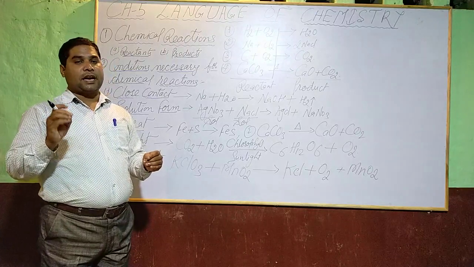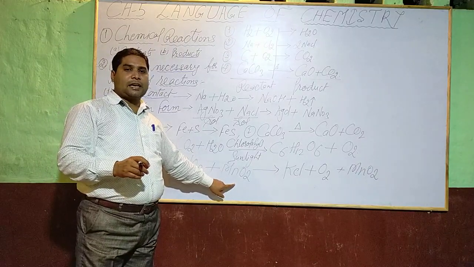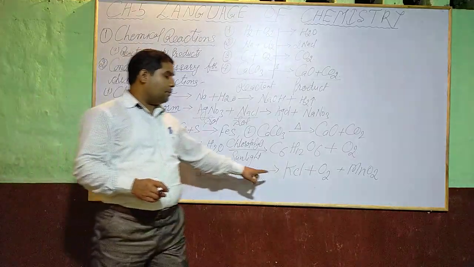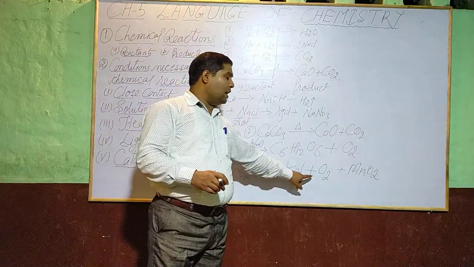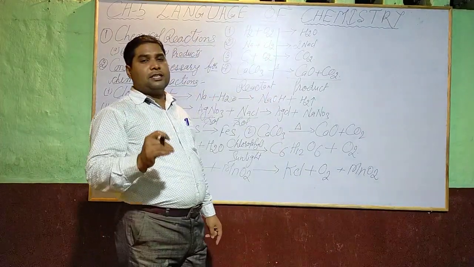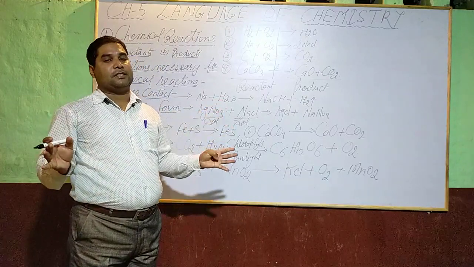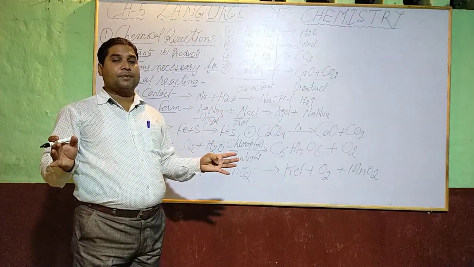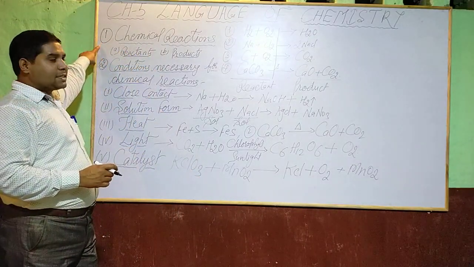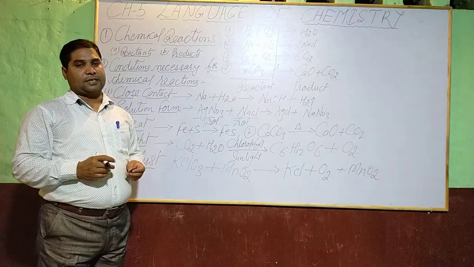You can see here, manganese dioxide acts as a catalyst, and in the presence of manganese dioxide, potassium chlorate breaks into potassium chloride and oxygen, and manganese dioxide, as usual, is present on the product side without any change. So dear student, in this video I explained chemical reactions and the conditions necessary for chemical reactions.